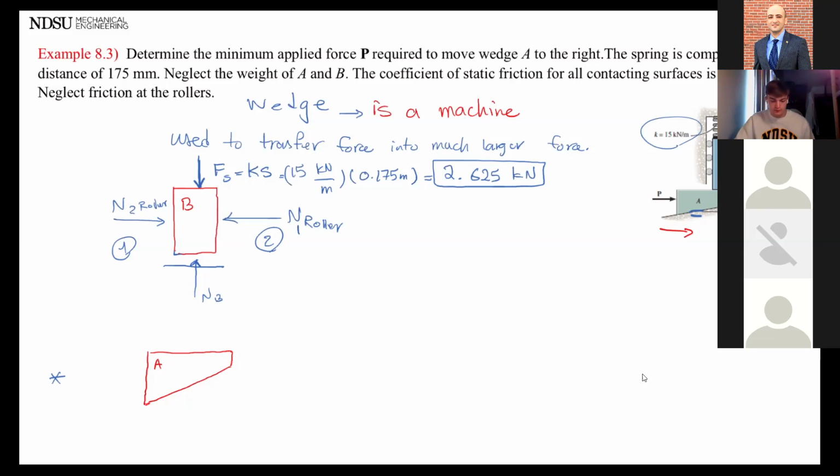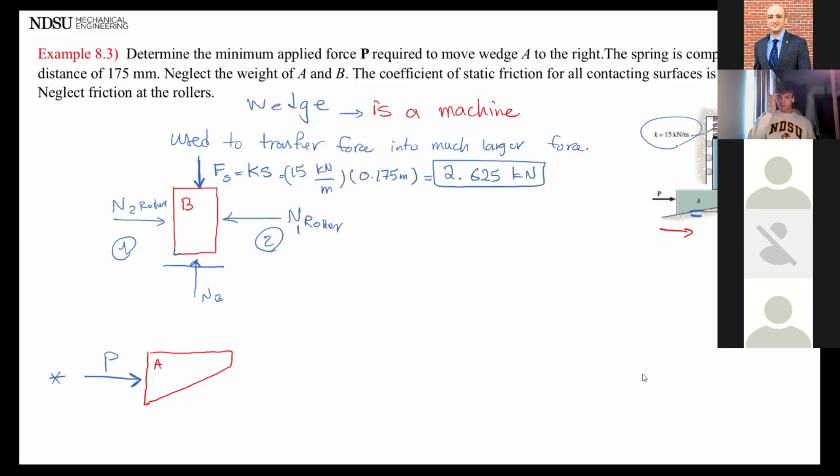But block A is much easier. Active force, I see force P pushing it to the right. Reactive force. What reactive forces do I see? You have the normal force on the top side.